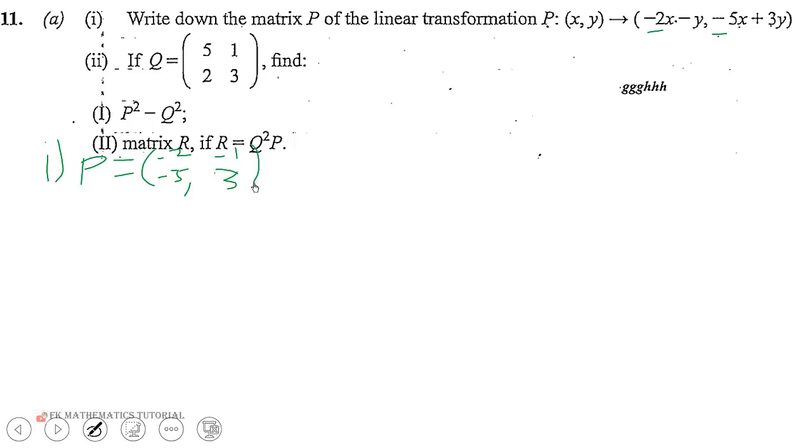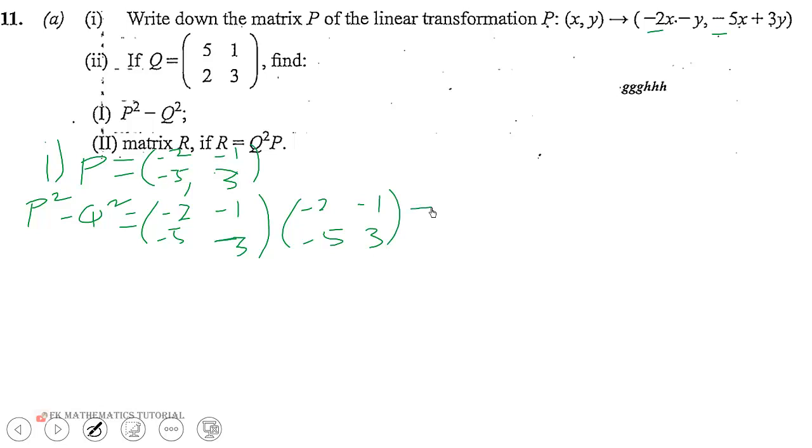So p squared minus q squared will be equal to p, which is -2, -1, -5, 3 times -2, -1, -5, 3 minus q squared, which will be 5, 1, 2, 3 times 5, 1, 2, 3.